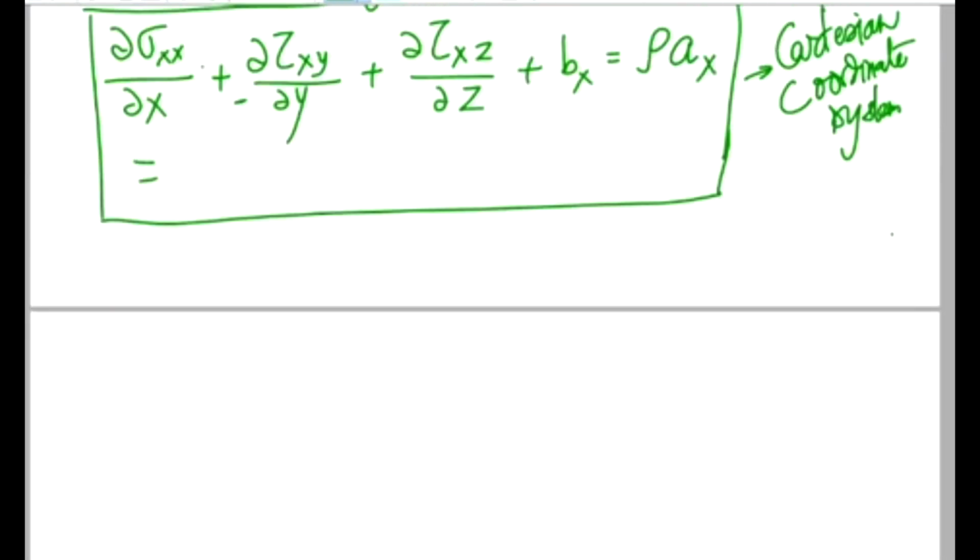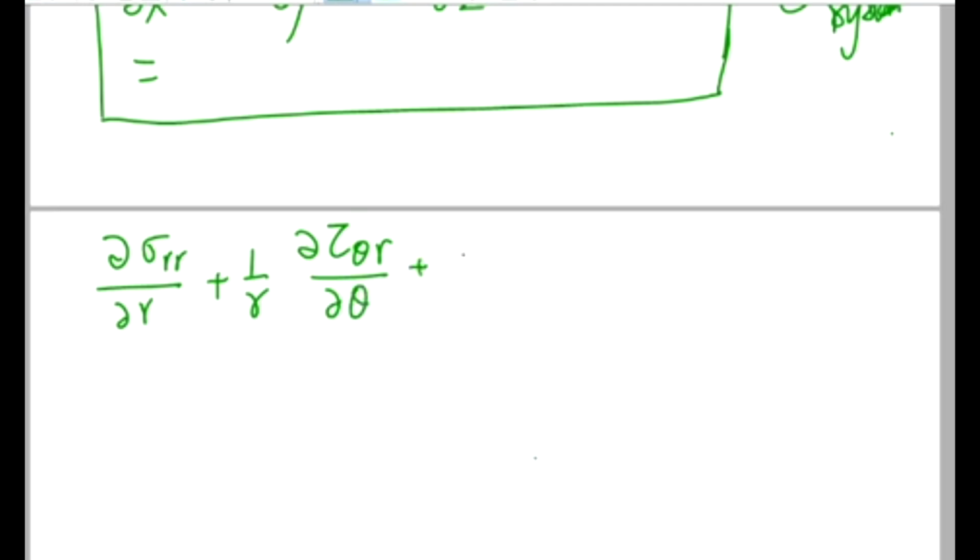But then we worked out the derivation in the cylindrical coordinate system, and you can recall that the derivation was really difficult, isn't it? For example, the equation in the radial direction turned out to be del sigma rr over del r plus 1 over r del tau theta r over del theta plus del tau rz over del z.